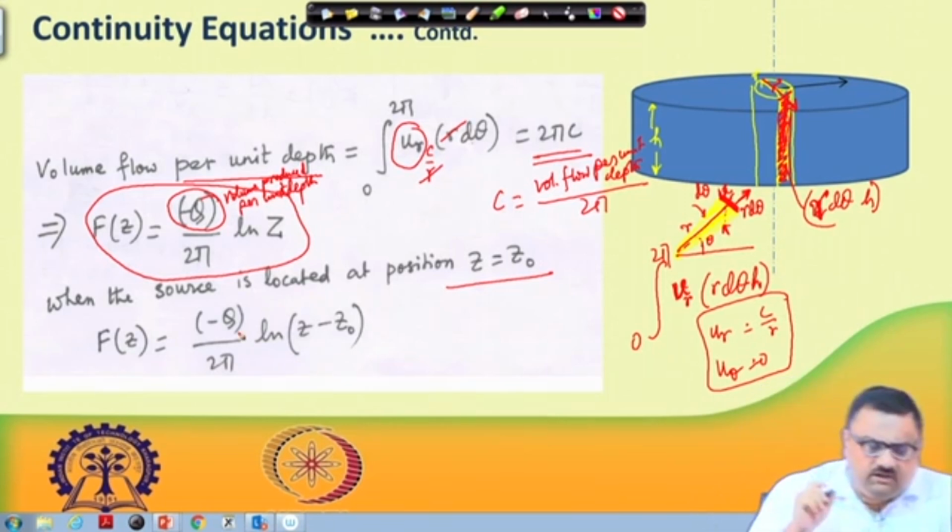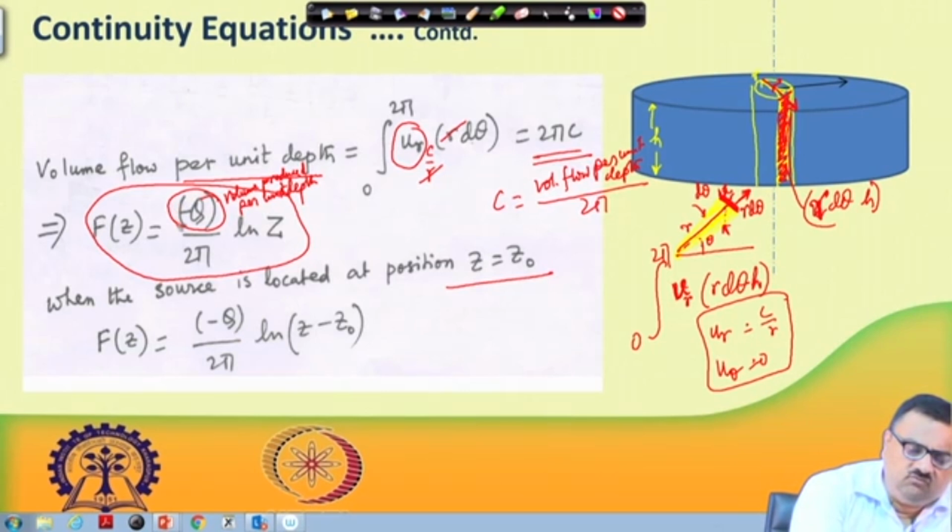I am not fully happy with calling this a Q, because last time the Q was flow rate, not flow rate per unit depth. We have to give some other name to it. Maybe we can give it the name small q, that would be better.